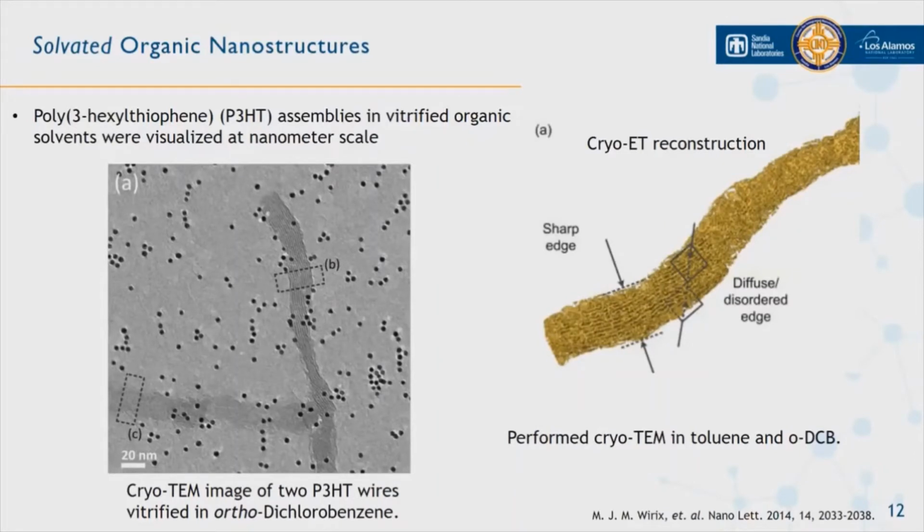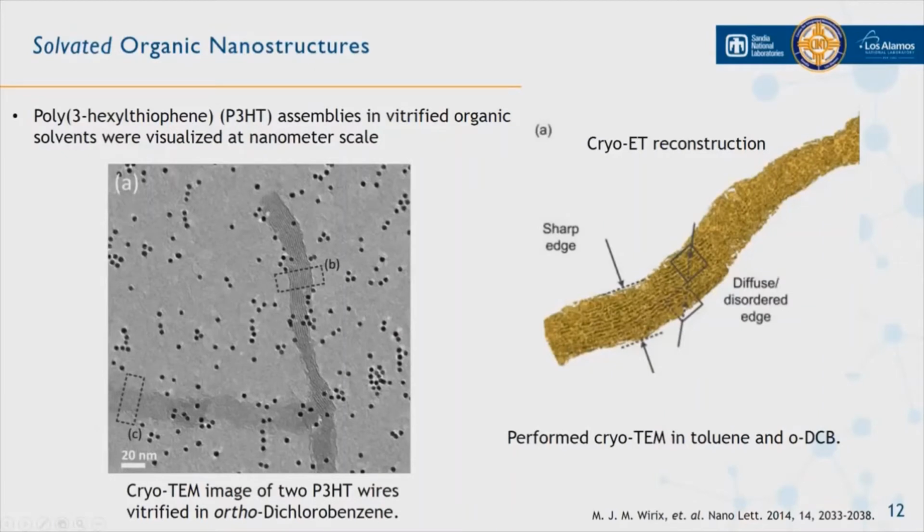As these inks are dispersed in volatile organic solvents, traditional characterization techniques, like conventional TEM, can introduce artifacts via drying. But now we're having cryo-TEM sample preparation techniques mature to a point where automatic vitrification robots like the Vitrobot that have atmospheric and temperature control can be modified to vitrify organic solvents. So this is opening up the real possibility of organic solvent cryo-TEM. So here, researchers at the Eindhoven University of Technology successfully observed P3HT nanowires vitrified in both orthodichlorobenzene and toluene.